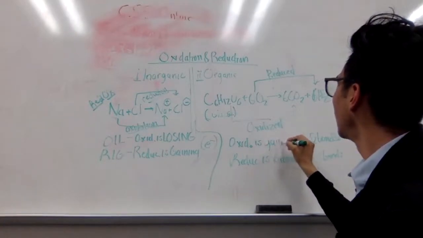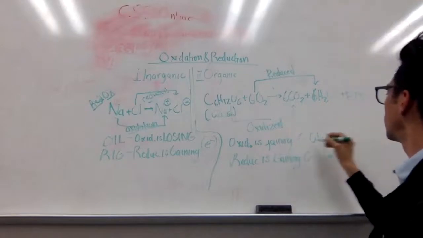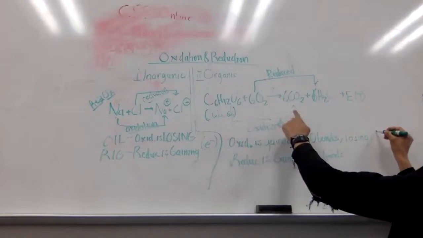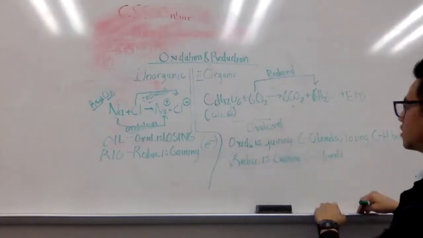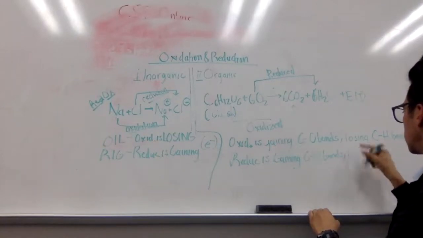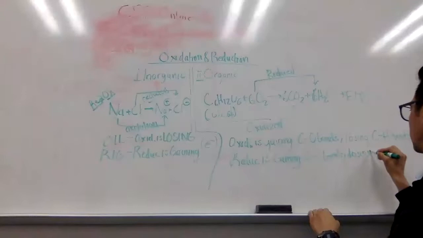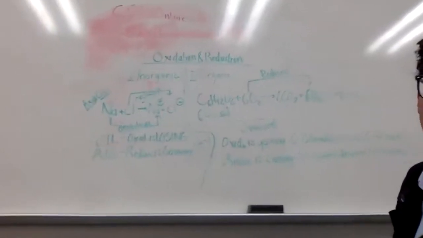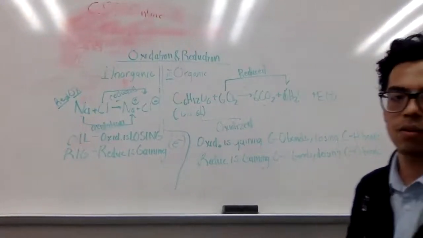They're gaining CO bonds, losing CH bonds. Yeah. Oh man. I think I might be going on screen. Yeah. Losing. Okay. Now that we got that mess out of the way. Okay. I think I went too far. There you go.